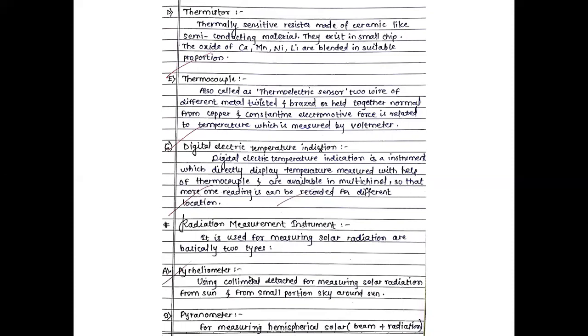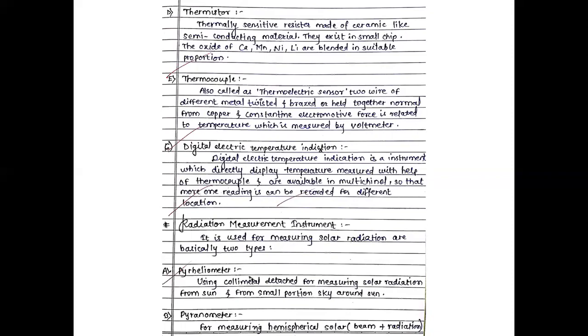So the thermocouple is part of an electric circuit, in which two thermoelectric sensor wires of two different metals are joined, and the electromotive force indicates the temperature, measured by the voltmeter.